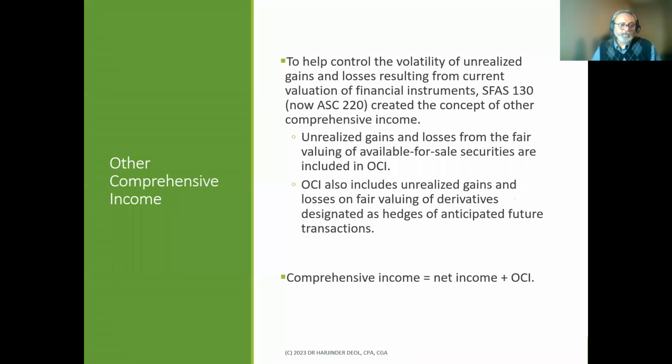And so OCI incorporates a whole bunch of unrealized gains and losses, and they are very specific sources of unrealized gains and losses. If I could count, there's basically 5 sources of OCI.